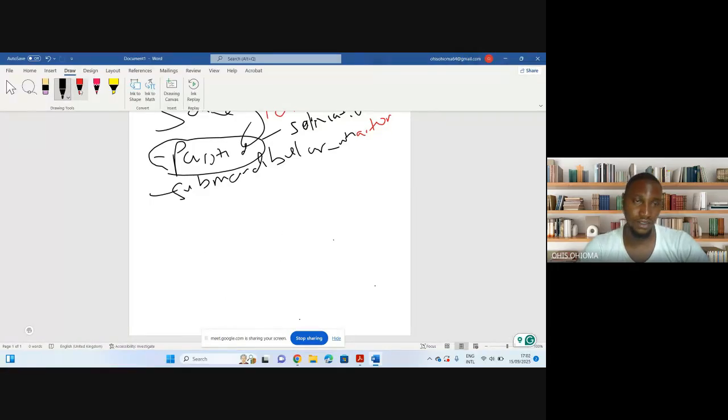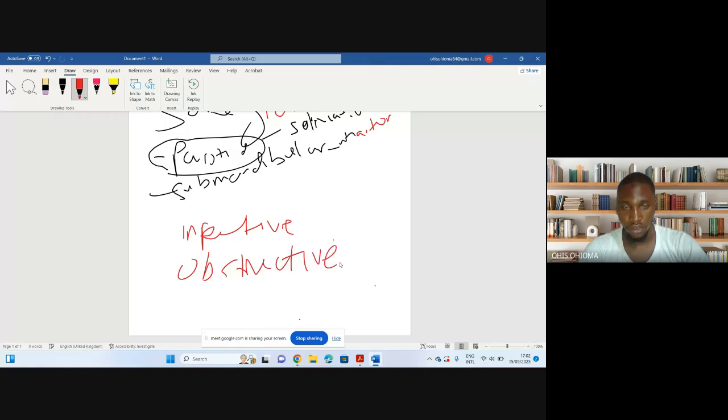We have other things, but let me just summarize the pathology. So we have infective pathologies and obstructive pathologies, right? The obstructive one is where you have stones, sialolithiasis. So basically, you have a situation where stones are formed in the saliva.